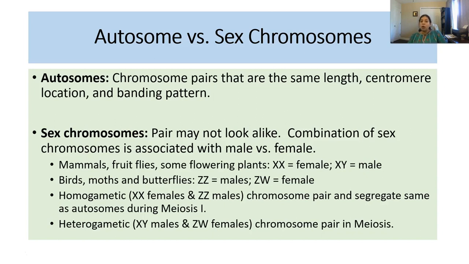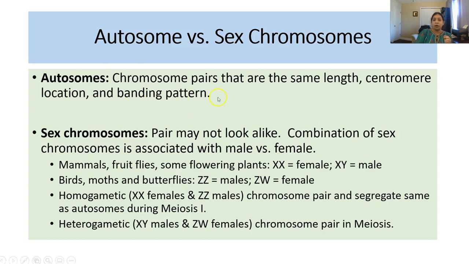In a homogametic pair, XX females or ZZ males, the chromosomes can pair together and segregate, same as autosomal chromosomes, which are your somatic chromosomes, essentially, during meiosis one. But in a heterogametic chromosome pair, where it's either the XY males or ZW females, the chromosomes pair, but they are not going through any crossing over or anything like that during meiosis.